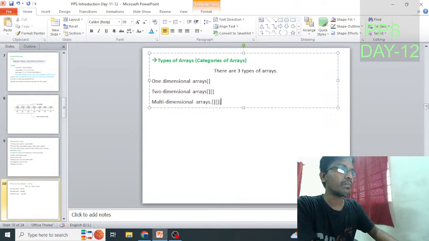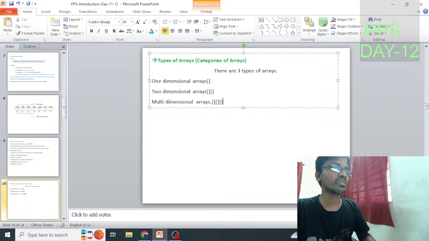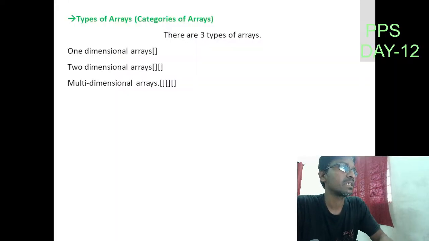And if it is a multi-dimensional array, also called a three-dimensional array, you have to use three square brackets, three index numbers.